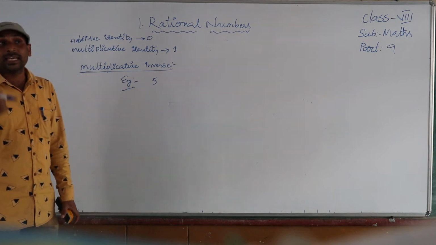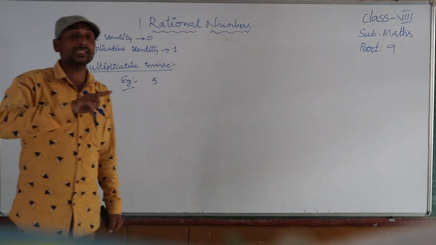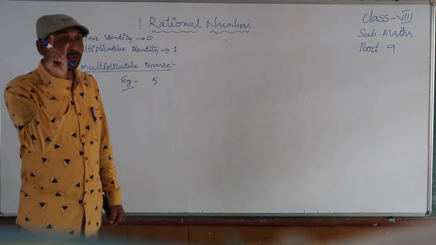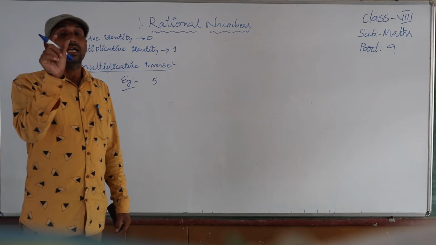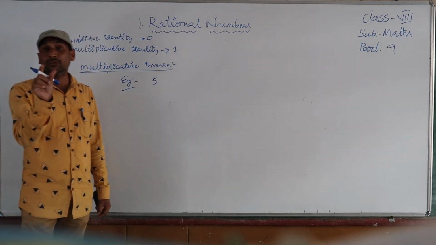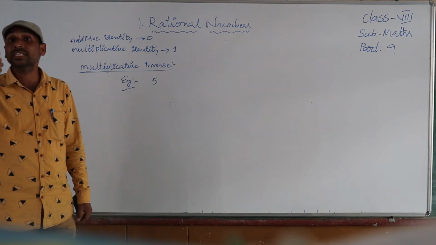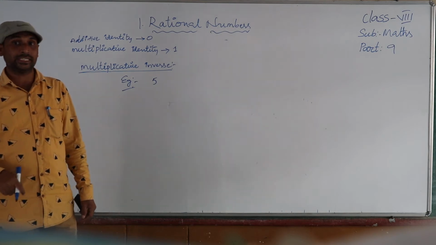When we discussed additive inverse, if you add the two numbers, you are getting 0. Means in the answer, additive identity you are getting.